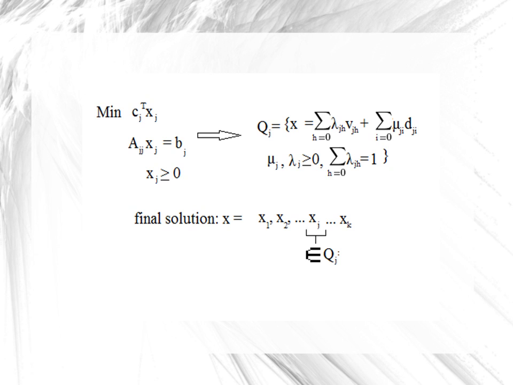Of course, we are not forgetting the fact that there are constraints in the master problem that may change the feasible region. However, we noticed earlier that those constraints can only reduce the region of Qj. That means we can still represent the part of the final solution that contains variables from the jth block by extreme points and rays of Qj.